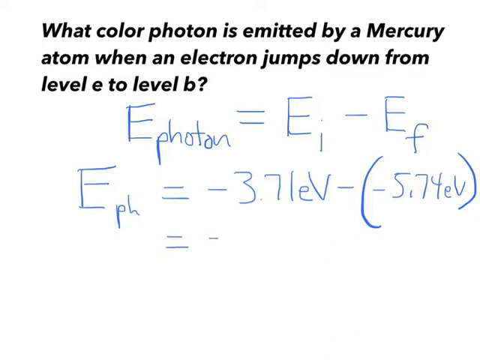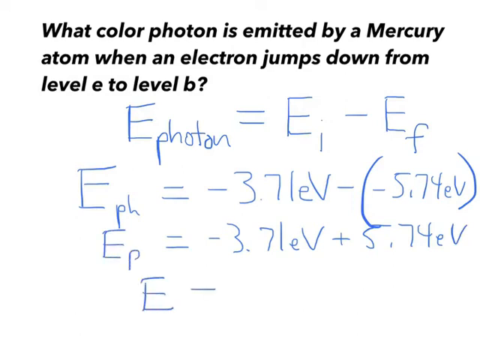So I have minus 3.71 electron volts. Now I have minus a negative, so that's really plus 5.74 electron volts. So the energy of this photon is equal to 2.03 electron volts.